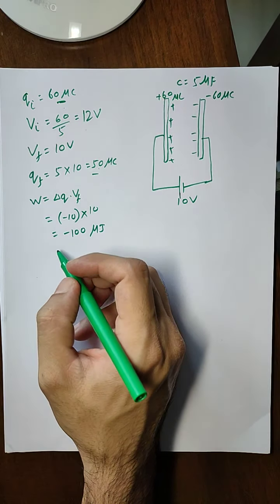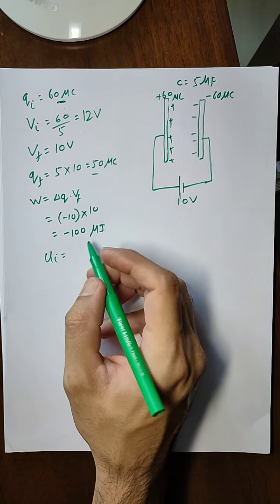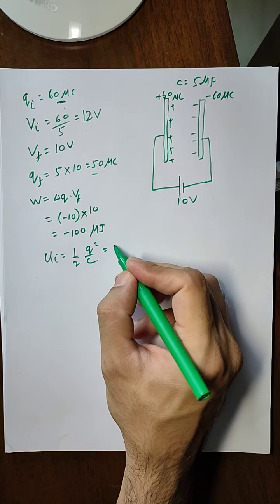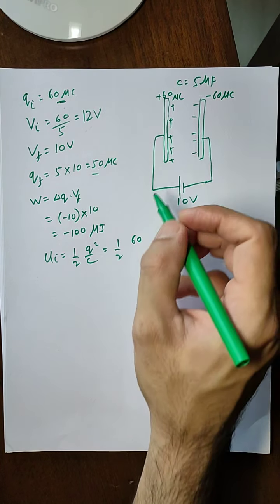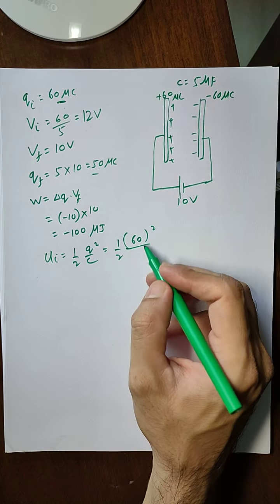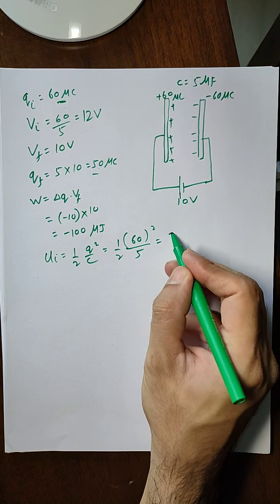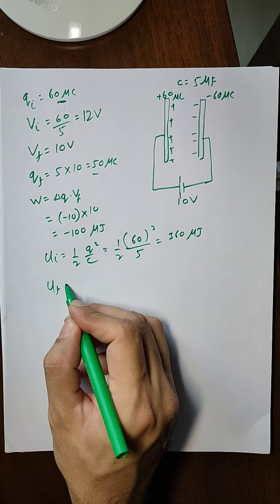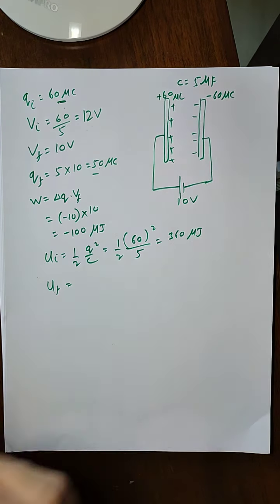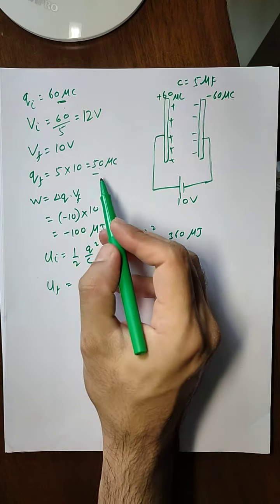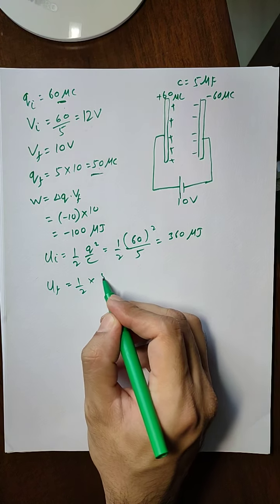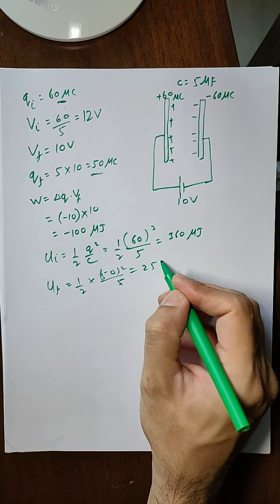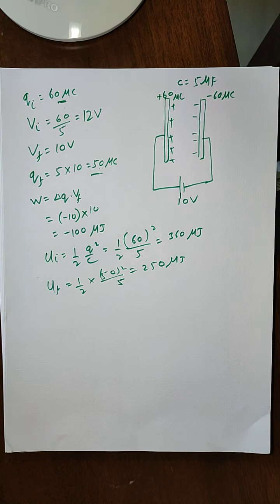Now we can calculate the initial and final energies. So initial energy, by using this formula, there was a charge of 60 microcoulomb initially, so half into 60 square upon 5. So this will come out to be 360 microjoules. And the final, when the charge will be 50, so half into 50 square upon 5, so this will come out to be 250 microjoules.